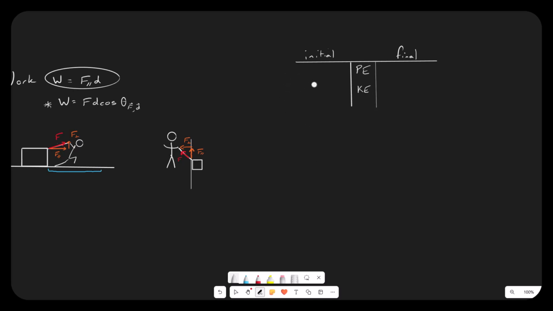So I can have my initial and final potential and kinetic energy, but I'm adding energy into the system or removing energy from the system. If I've got a box like this, and it's sliding along on the ground, then right now it's got some amount of kinetic energy because it's got a velocity. Maybe there's friction along the way.